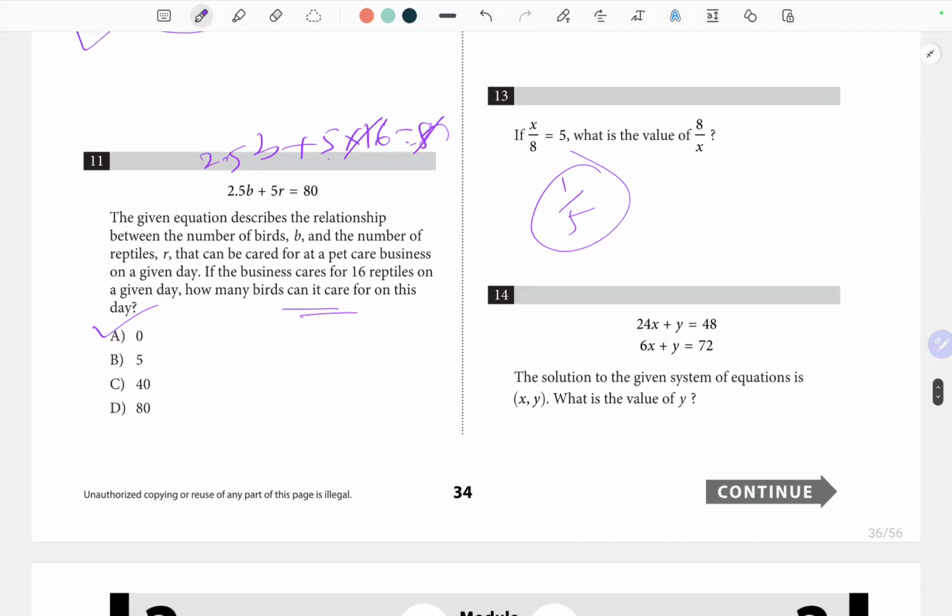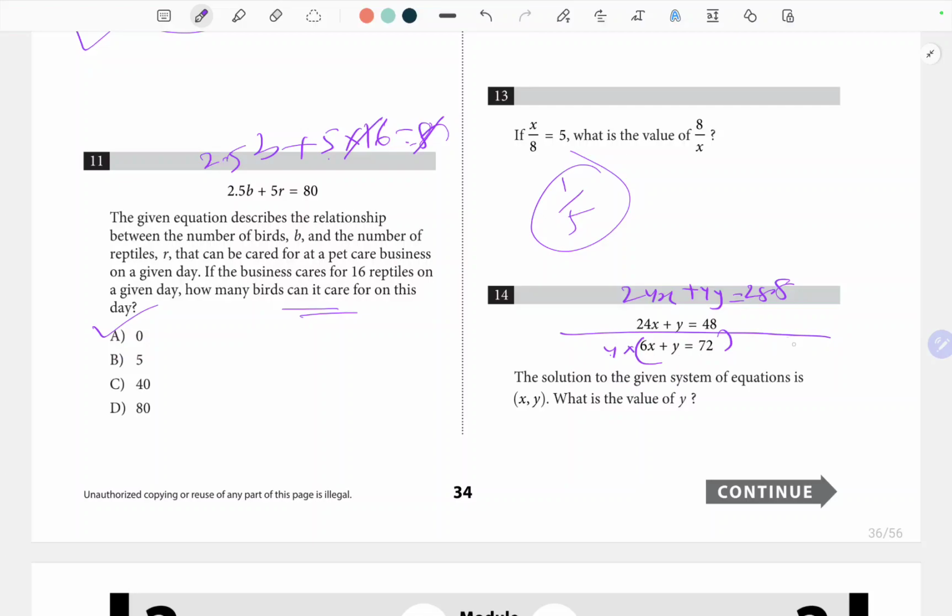Okay, now 24 plus y, 6x plus y. Okay, we have to find y. It means x we have to cancel out, so we can multiply by 4. So 4 times this whole equation. So 4 times 6 is 24x, and 4 times y is 4y, and 4 times 72 is 288.